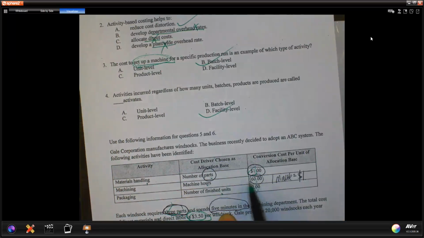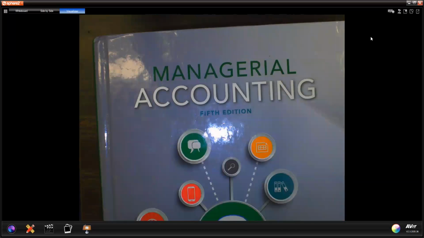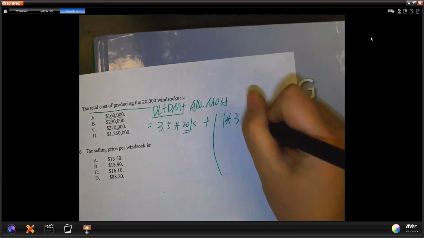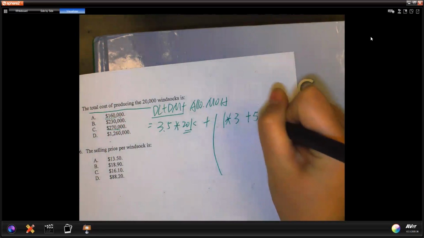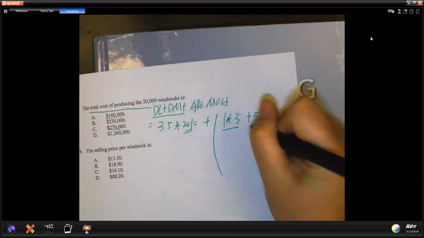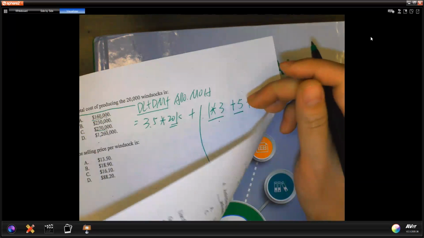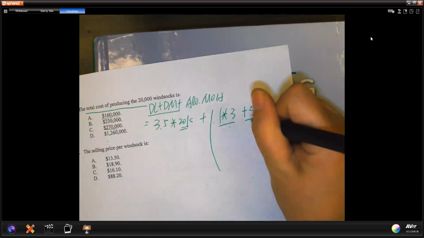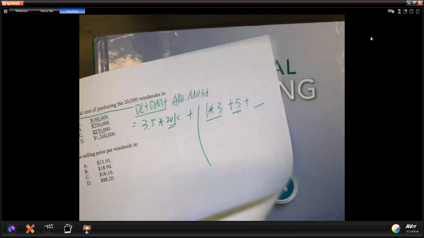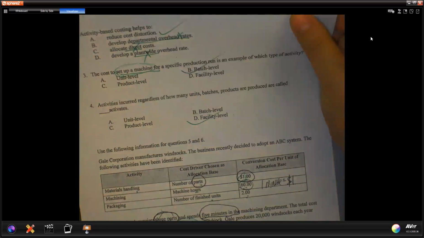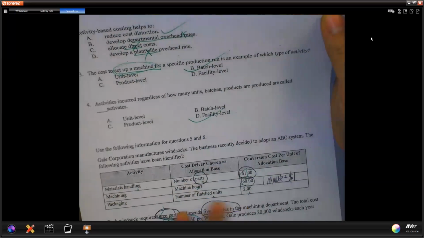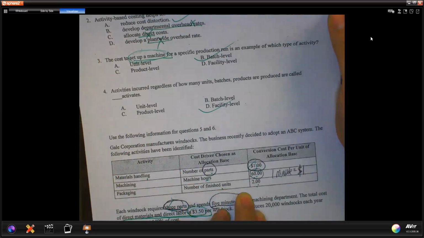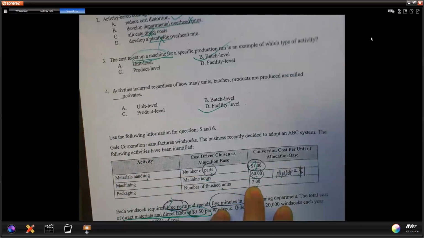Machining takes 5 minutes. 1 hour is $60, so 1 minute will be $1, and 5 minutes will be just $5. So this is the material handling, this is machining, and the last one is packing. Packing is just $2 per unit.